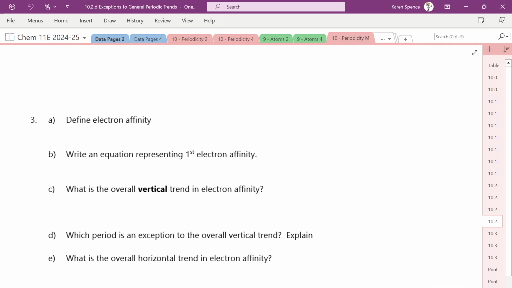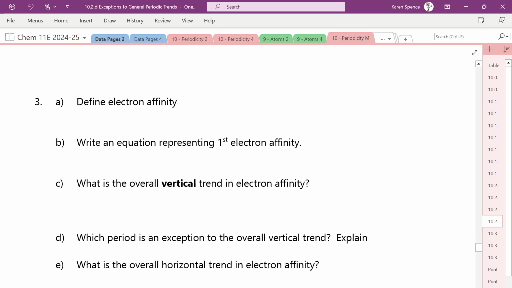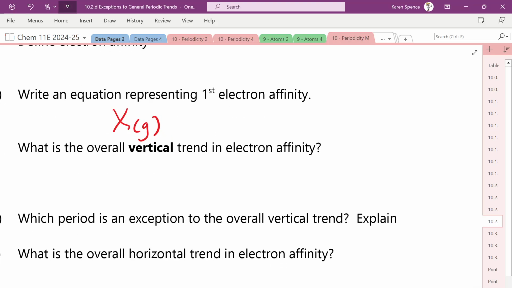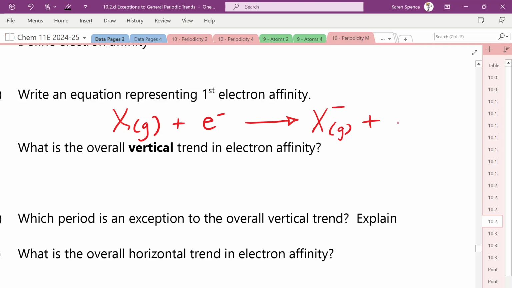Write an equation representing first electron affinity. So we would have a gaseous neutral atom, because that's what we're always starting with, and we are adding an electron, and we get X minus gas plus the electron affinity.